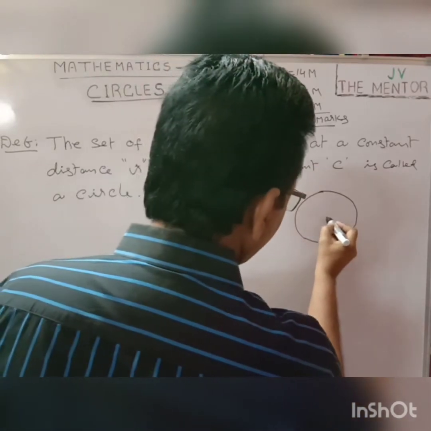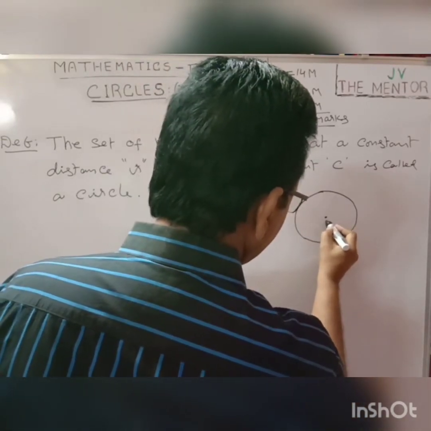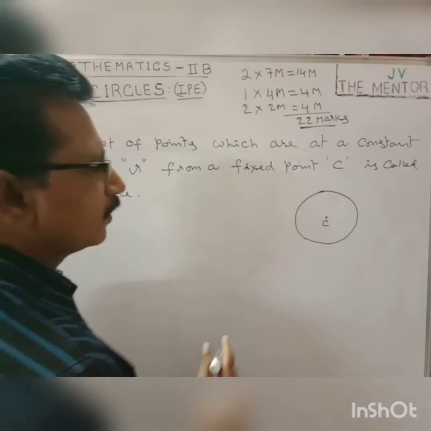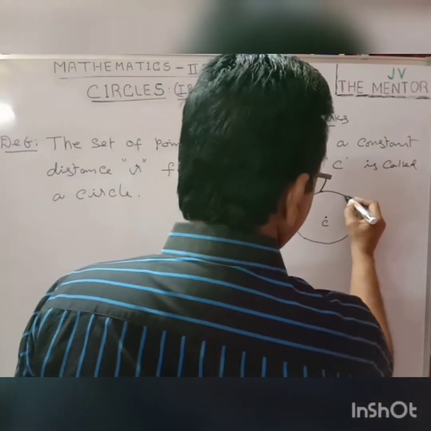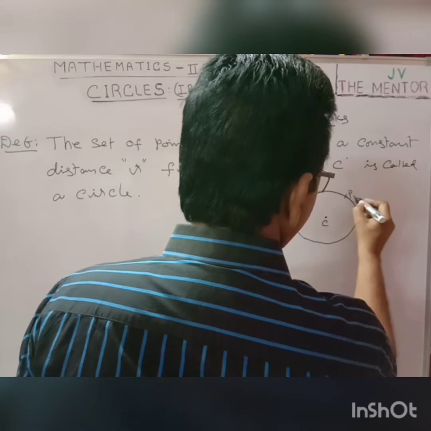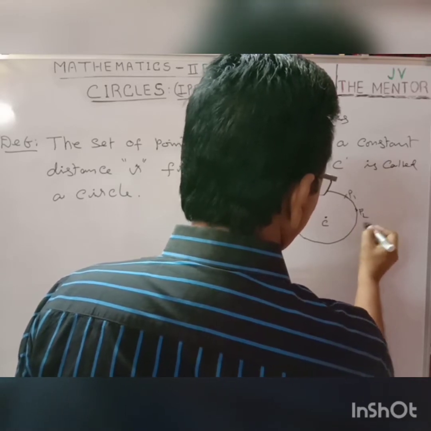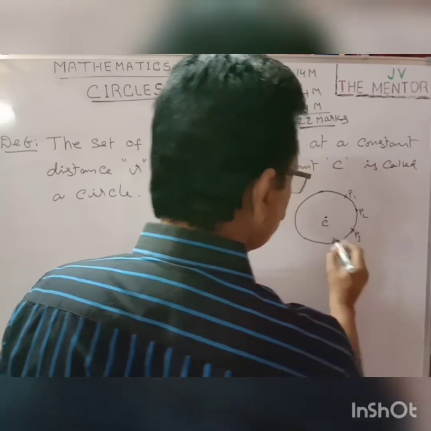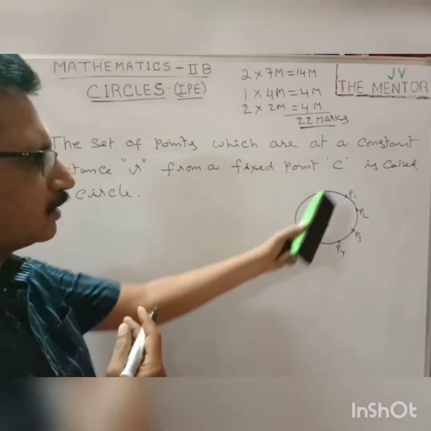Here C is the fixed point. Now here P1, P2, P3, P4 and so on. These are a set of points.